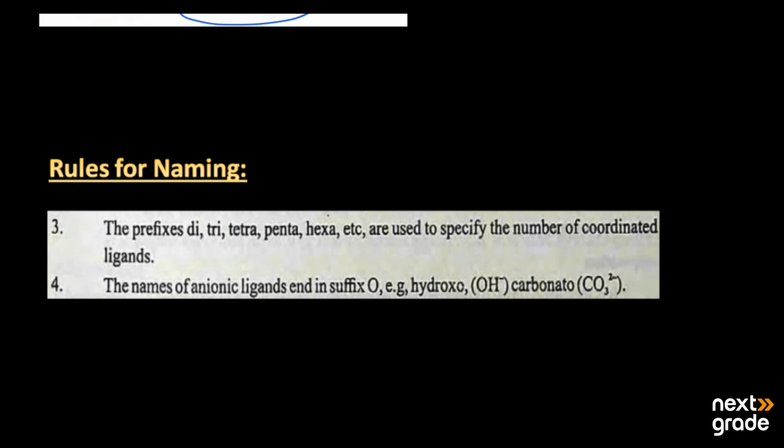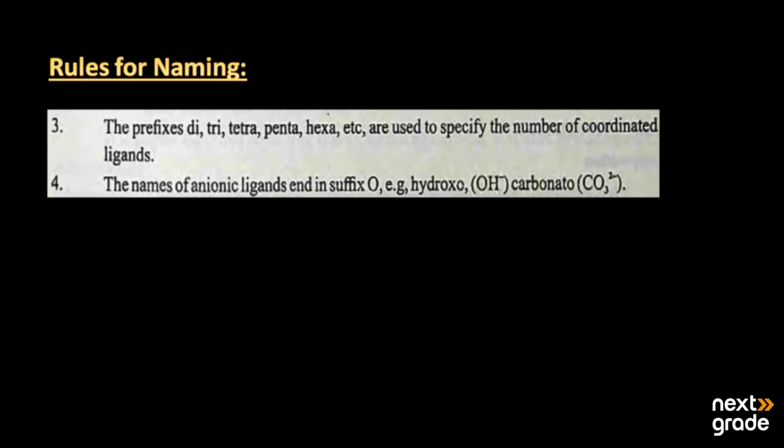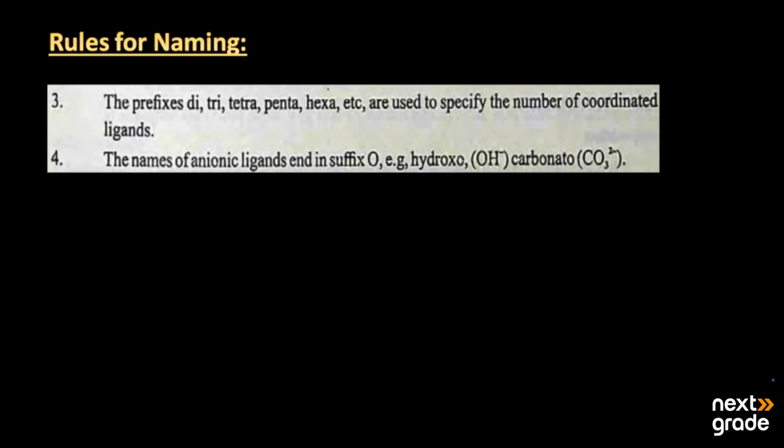Now, for the third rule for naming these complexes or coordination compounds, we use prefixes like di, tri, tetra, penta, and hexa. Here, di is used for 2, tri for 3, tetra for 4, penta for 5, and hexa for 6. They are used to specify the number of coordinated ligands.